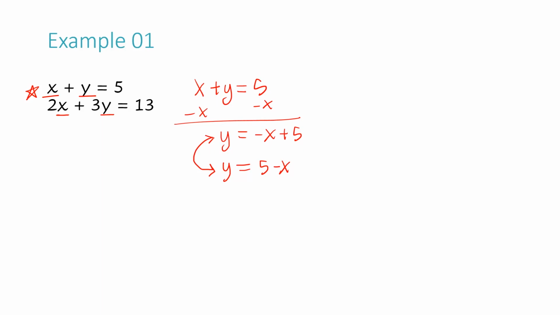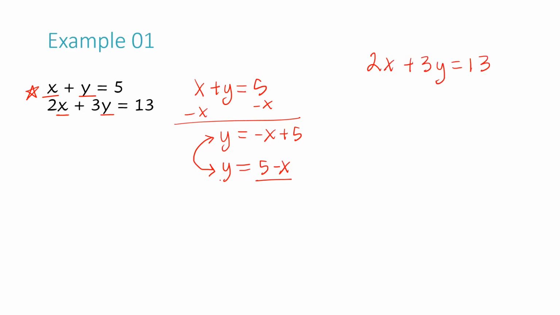Either one is correct. Now, if you remember, my direction said after you isolate one variable, you're going to plug the value that you got for that variable into the other equation. So we just worked with the first equation. Let's look at the second equation right now, and let's rewrite it. So I have 2x plus 3y equals 13.